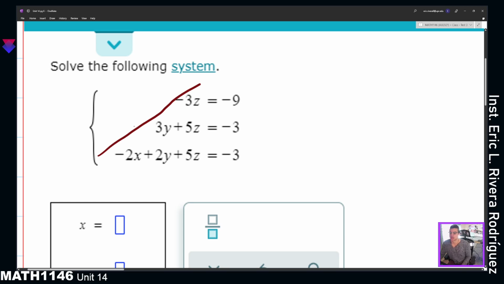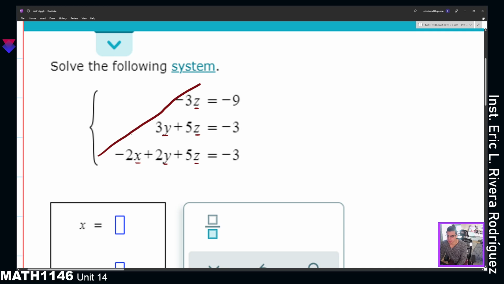This is a triangular shape where for one equation of the 3x3 system we have just one unknown variable. For another equation we have two unknown variables, and for the last equation we have the three unknown variables.